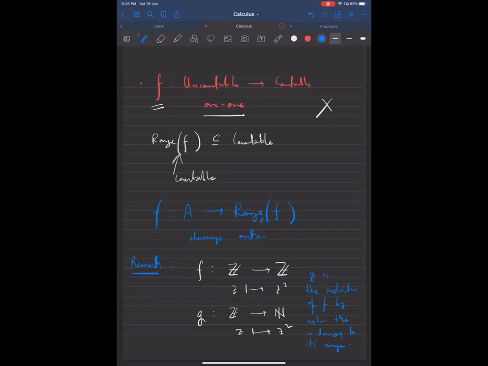But is g even a function? I mean, g of 0 does not exist, right? So take the natural numbers union 0, whatever. Take the range, the non-negatives, yeah. But technically speaking, they're not equal. Now, we often do that abuse of notation and we get away with it, but you shouldn't do that.